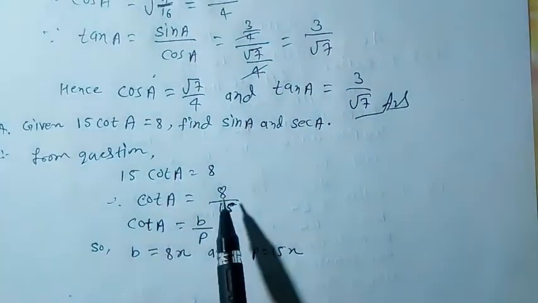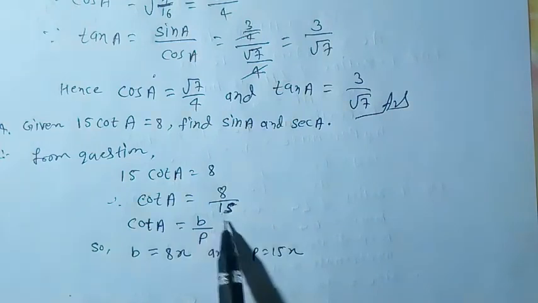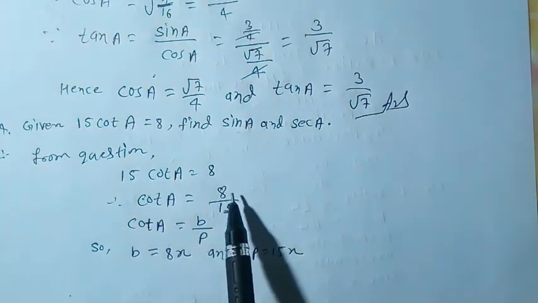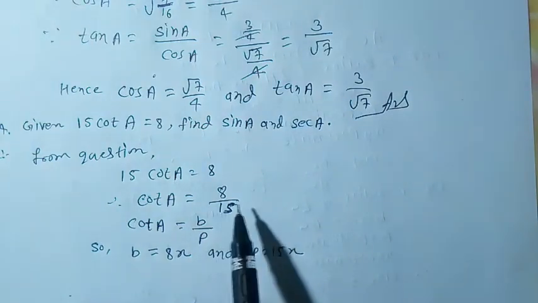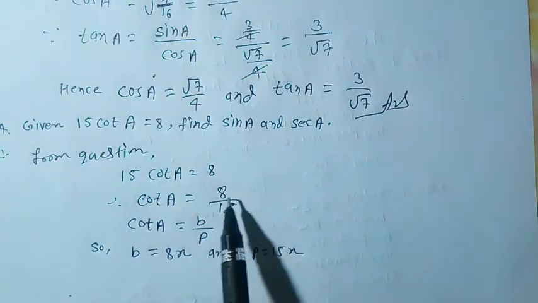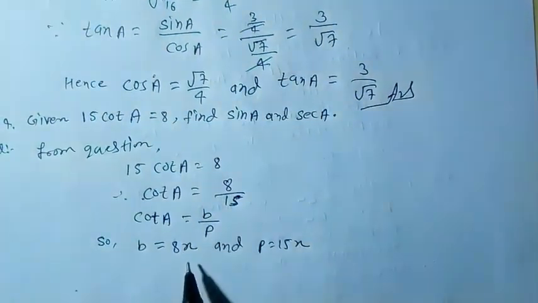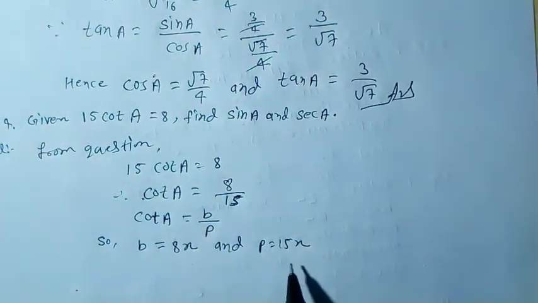I use x because I don't know whether this number is 8 by 15 or another number, like 16 by 30 or 24 by 45, so I multiply by x in the numerator and also the denominator.